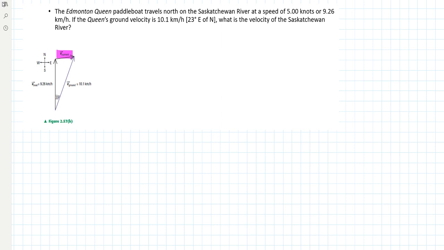Let's start by finding the component velocities of the V ground. Even though these make up part of it, the V ground still needs to have all of its little component vectors that bring it together.